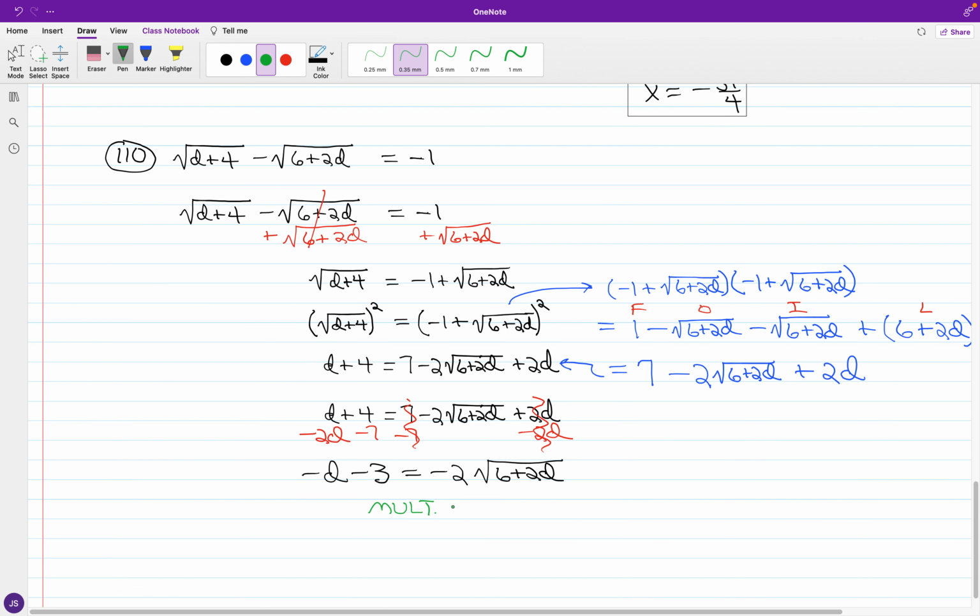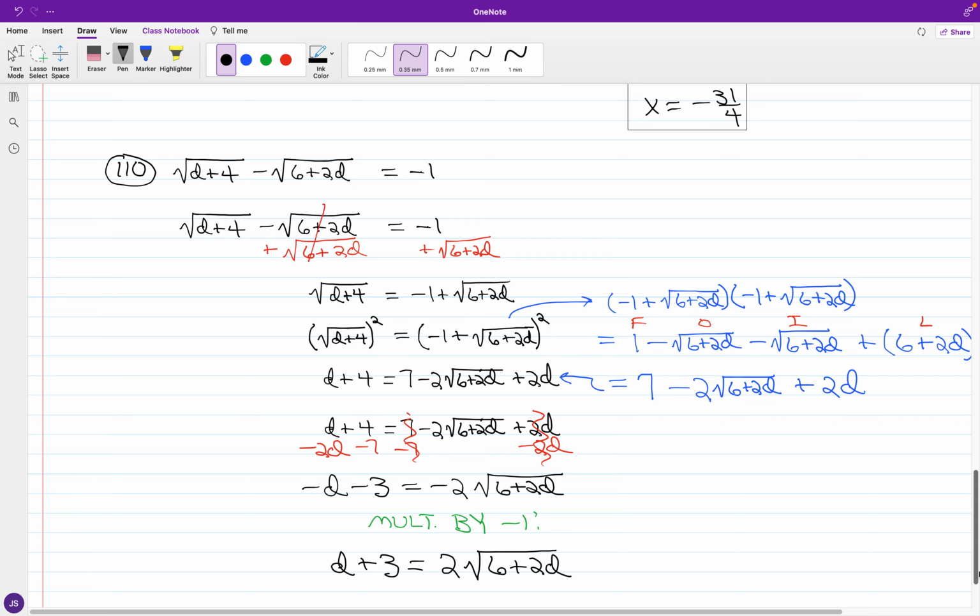I can just multiply or divide the equation by negative 1, in other words, make all these negatives into positives. So we have d plus 3 is equal to 2 times the square root of 6 plus 2d.